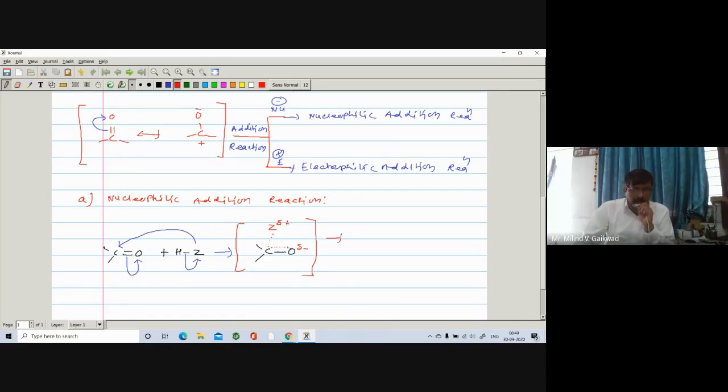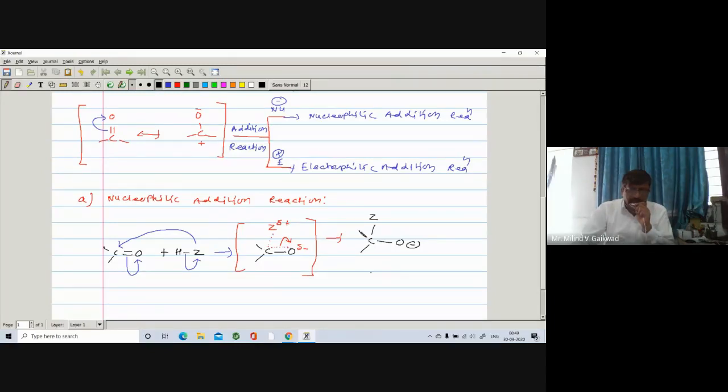Further, the pi bond will open, this will shift here, and it will form a bond with this carbon, and there is a formation of such type of intermediate. Here is O and here is Z, means you attack Z and there is a formation of a negative charge. So you have such type of a product, with carbon 1, 2, 3, 4.